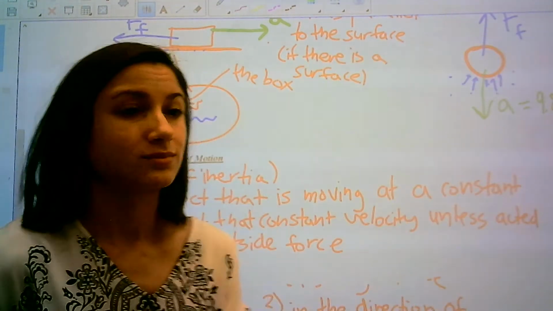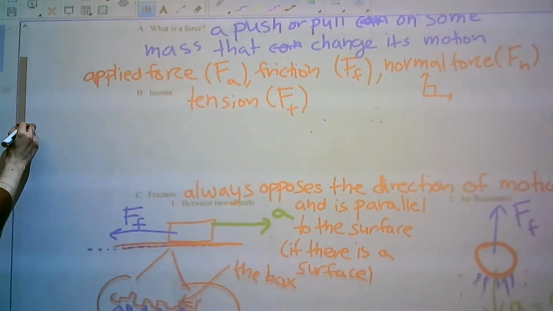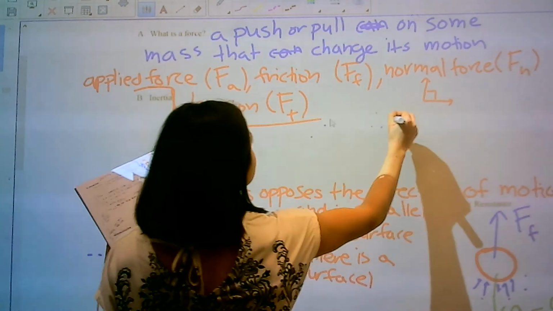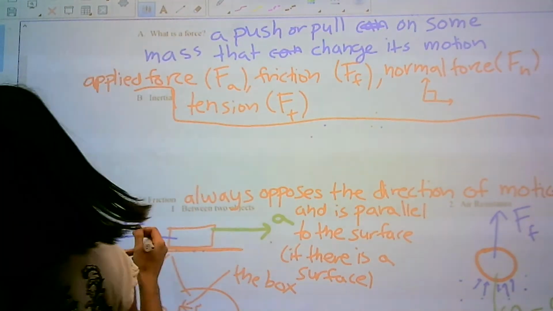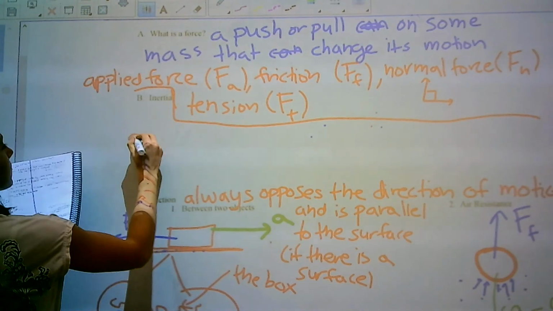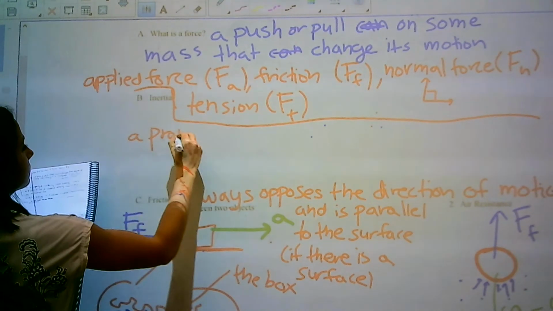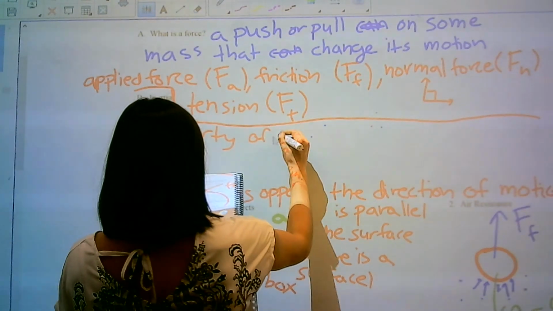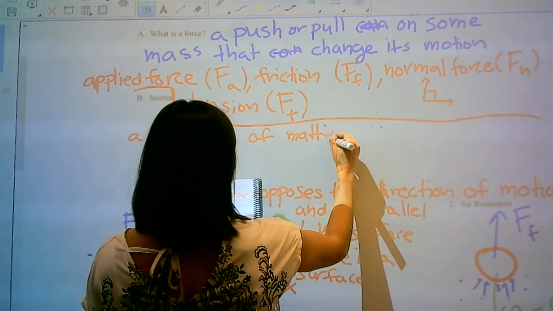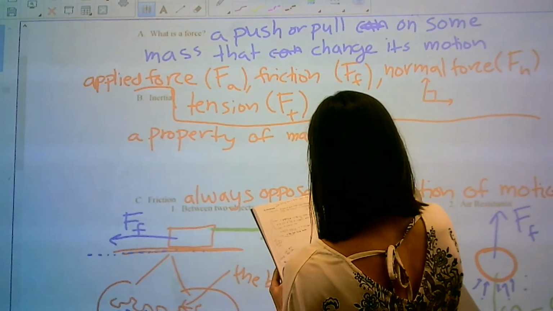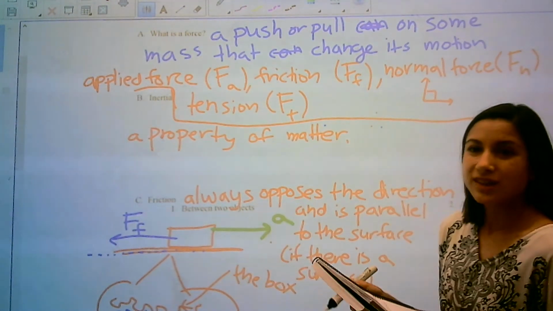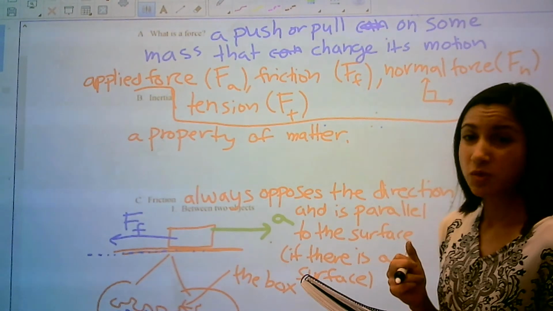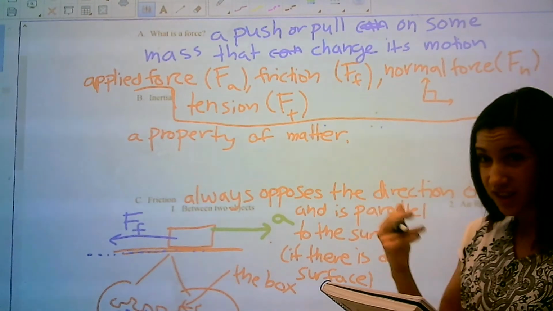So it's a property of mass. Essentially, the higher the mass, the more resistant it will be to a change in motion, just like that heavy fridge.